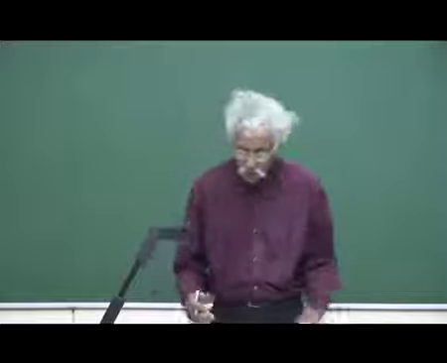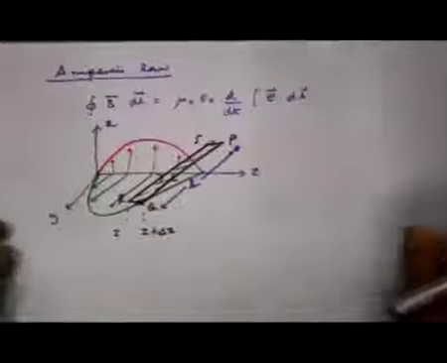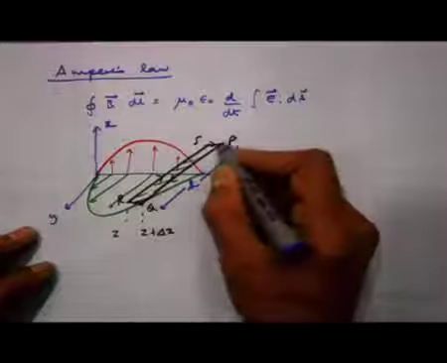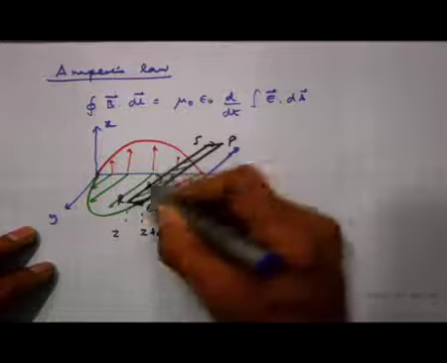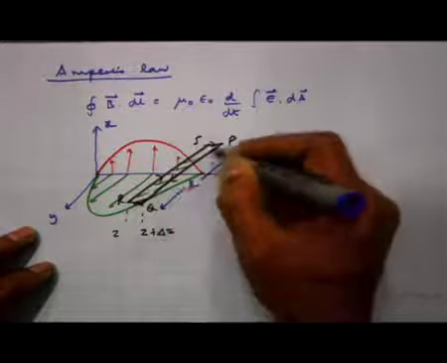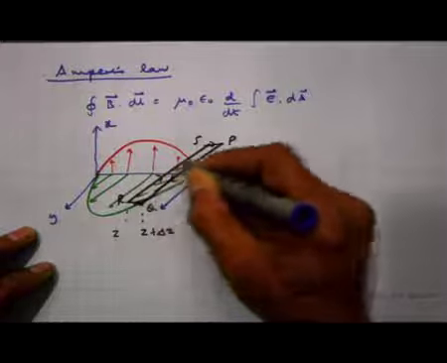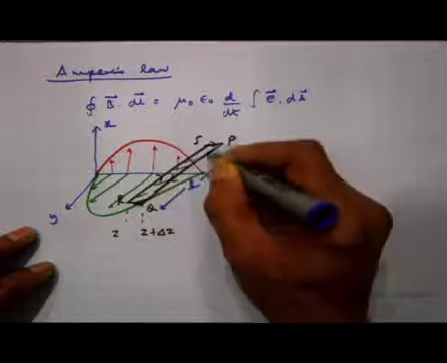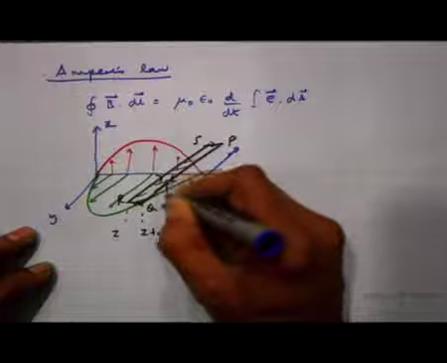Now, I must calculate the right hand side, which depends on the electric flux E dot dA. So, here this is the area enclosed by the loop, and remember now the integration is in this direction P Q R S. So, the area must be pointing down.